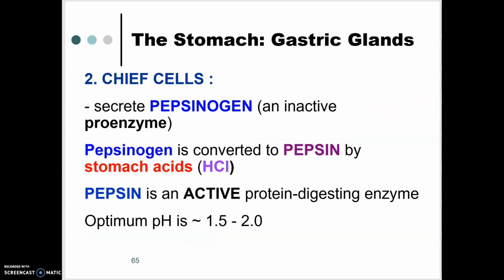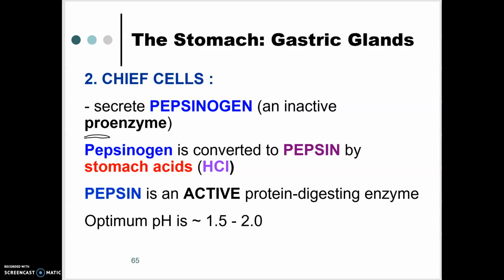So the second type of cells are the chief cells, and what the chief cells secrete is a product called pepsinogen. Now, pepsinogen is a precursor, or what comes before an active enzyme. Very often we call an inactive enzyme a proenzyme. We should always look at words when we're trying to figure them out.